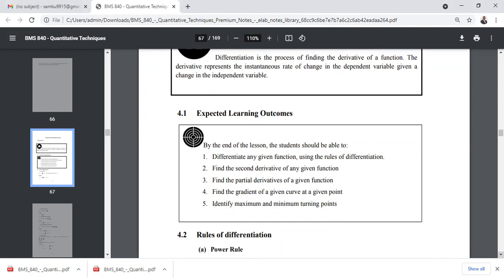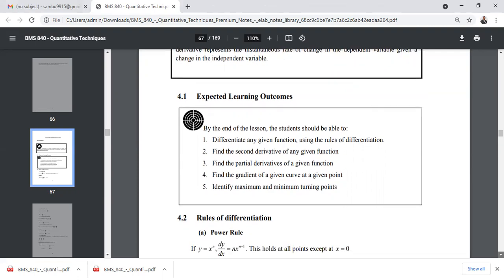One of them was looking at the minimum and maximum profit, and it is at that time that you do the second derivative of the given function. We'll also be looking at partial derivatives, the gradient of any given curve, and then wind up with identifying the maximum and minimum turning points, which will be a repeat of what we did in integration.